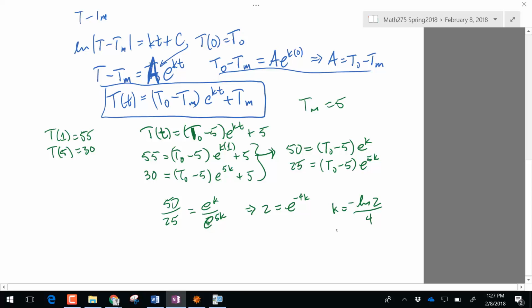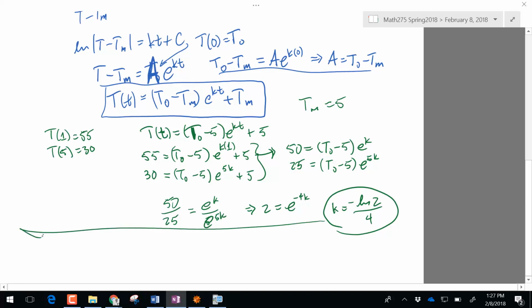Now I suppose we could just take this k and then plug it back to solve for T naught. So we'll put it into the first one, the one with 55. 50 is equal to (T naught minus 5) e to the negative ln2 over 4.